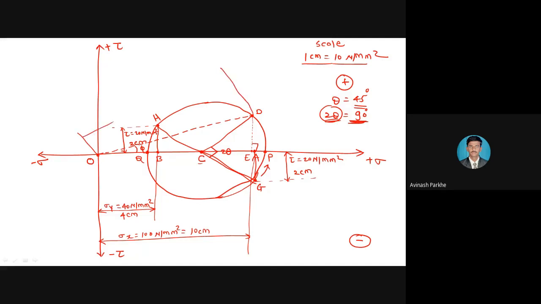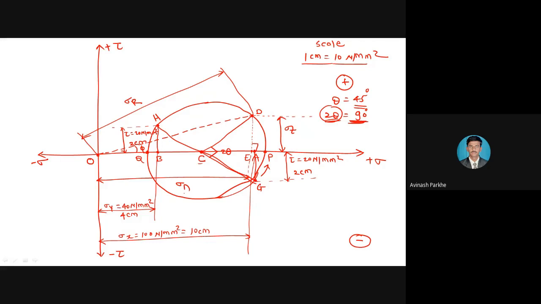So this is your sigma R. Then the DE distance, from this point D where I have drawn the vertical line to the new point, is equal to sigma T. And the OE distance, from the point O up to the point E, will be represented as sigma N. So this is the procedure.